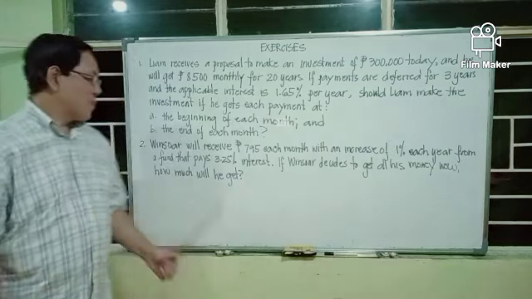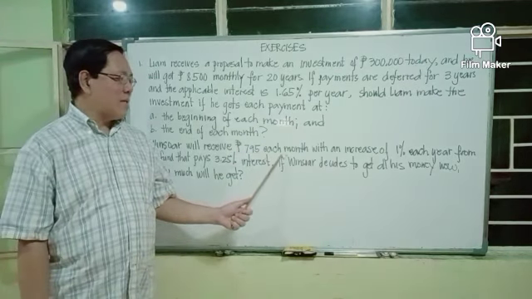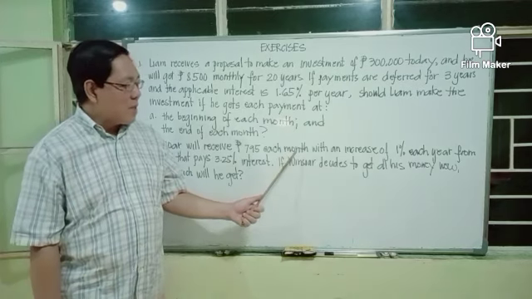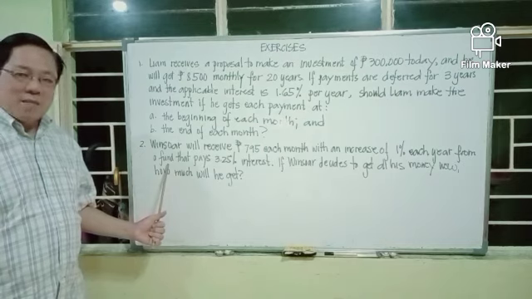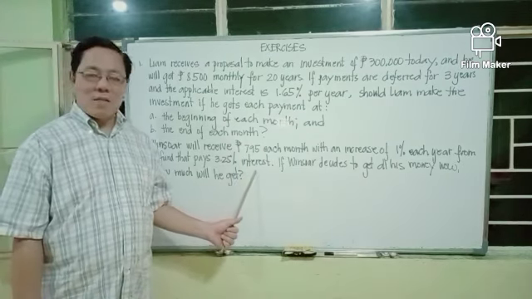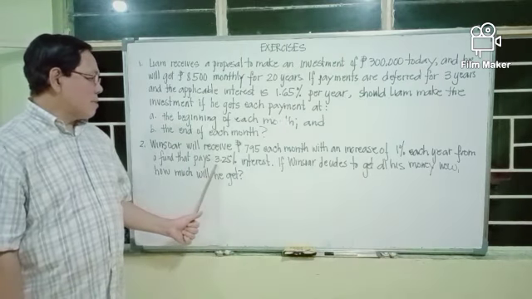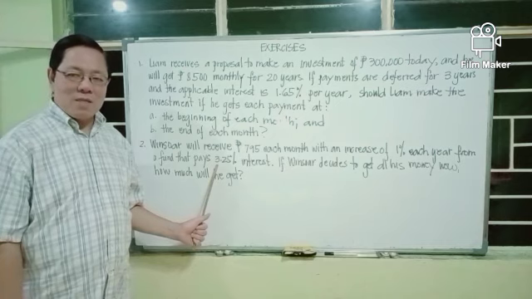Number 2, Windsor will receive 795 pesos each month with an increase of 1% each year from a fund that pays 3.25% interest. So this is 3.25% annual interest.